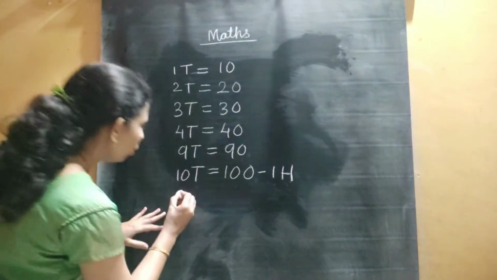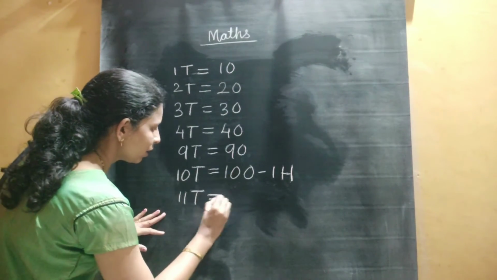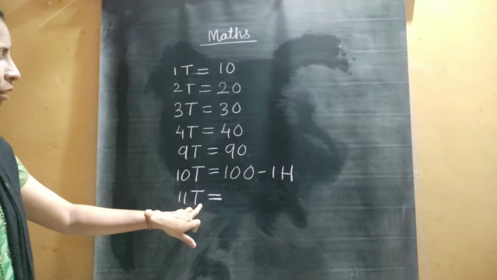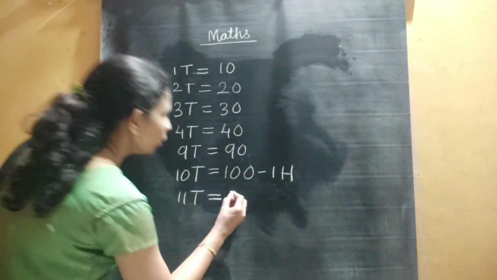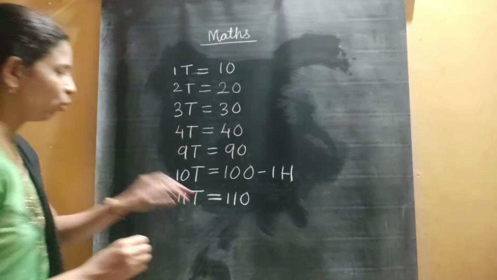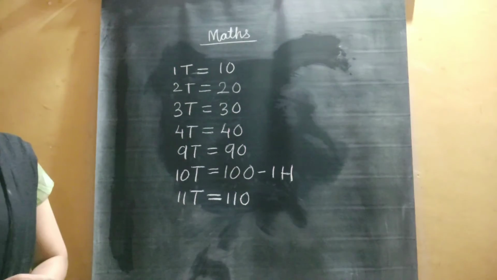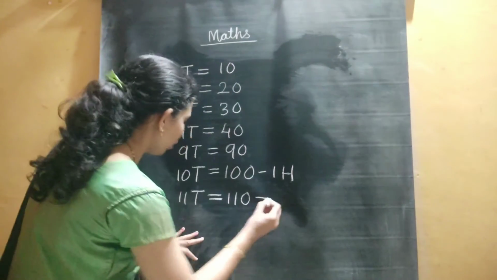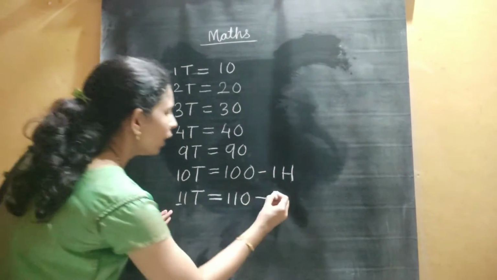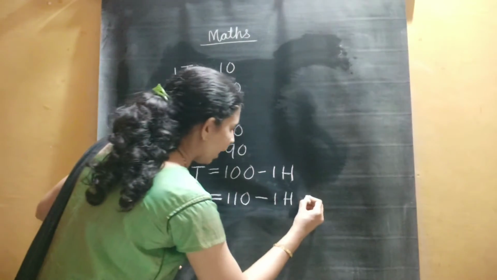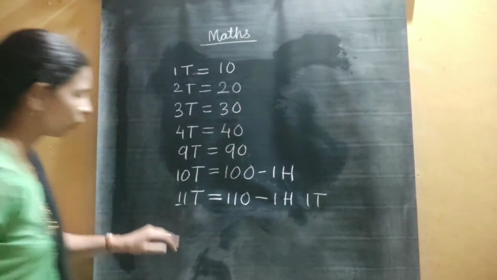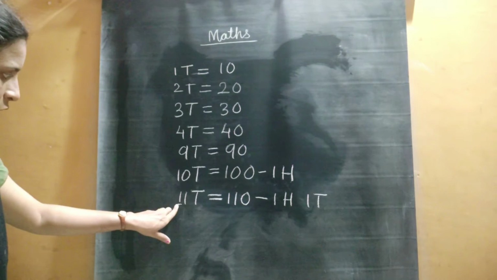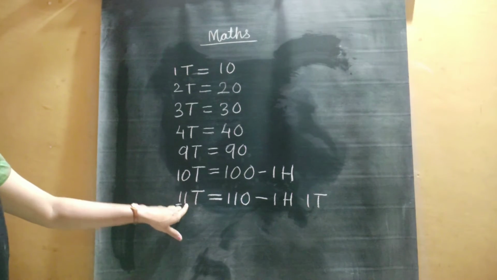Okay. So 11 tens is equal to, can you tell me? 11 tens is 110. So students, how to write this? We will write 1 hundred and 1 tens.